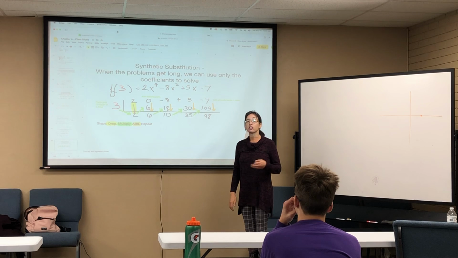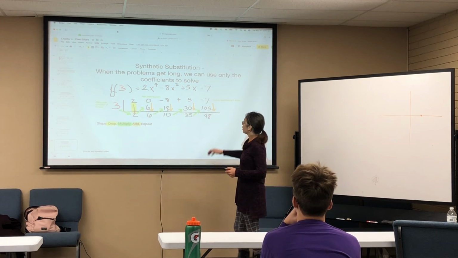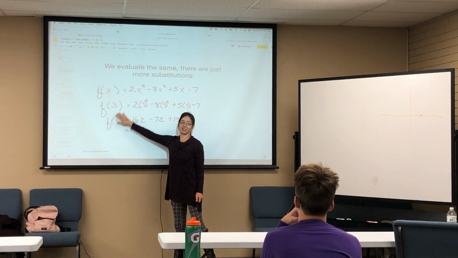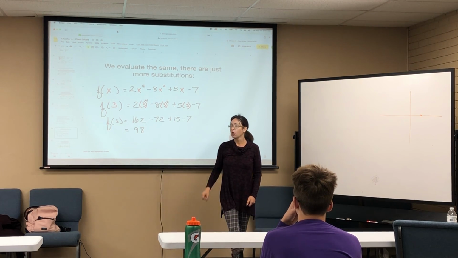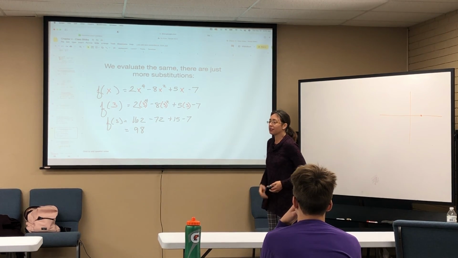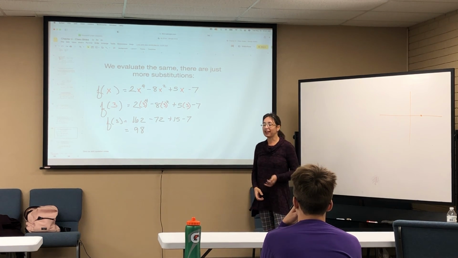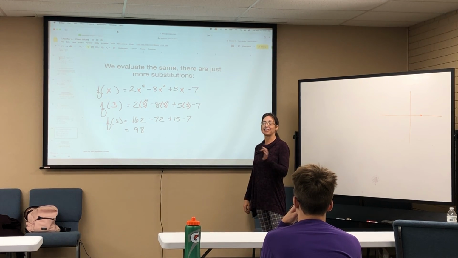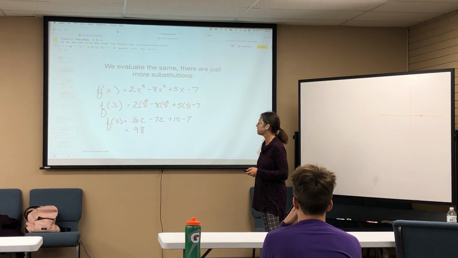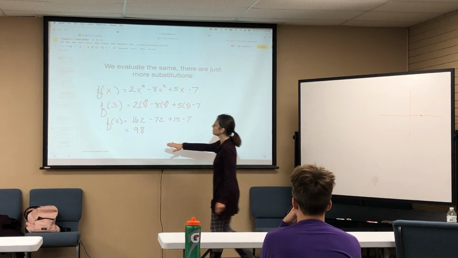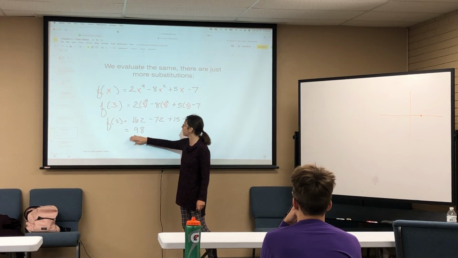So instead, there's a shortcut way to do this, okay? It's called synthetic substitution. The reason it's called synthetic is it's another way to get the same thing, but it's not the real long way. So I just like to use it as a shortcut. What we see here is that we did f of 3 and we end up with 98.